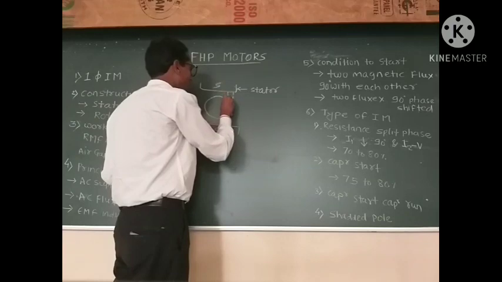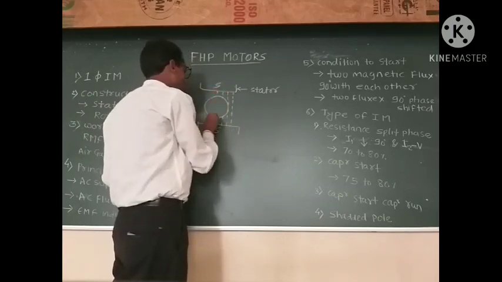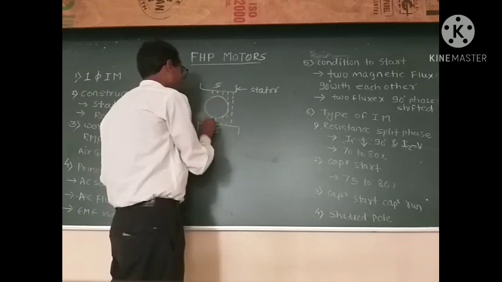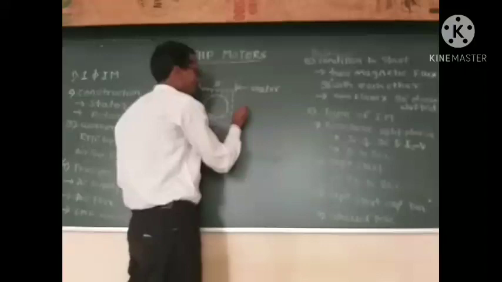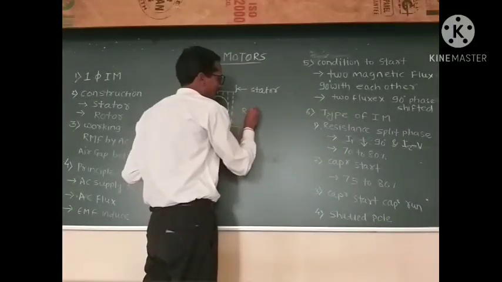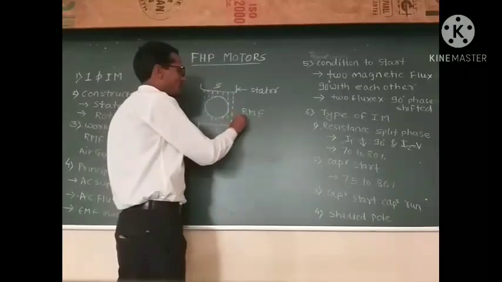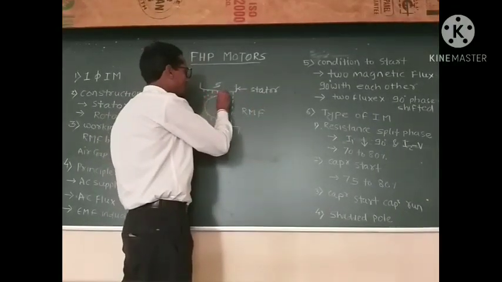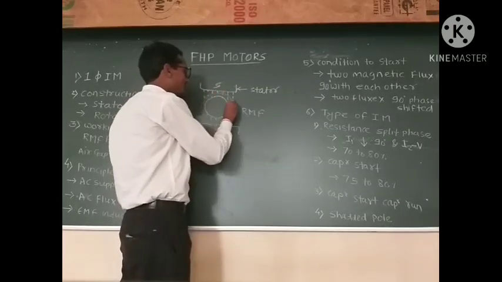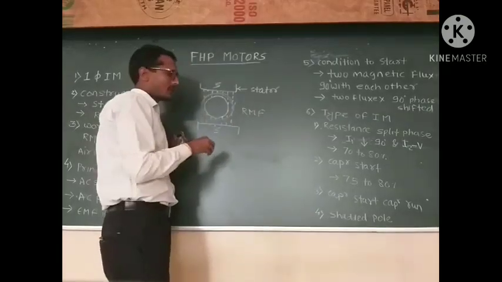The nature of the magnetic flux is alternating because the given supply is alternating. This magnetic flux produces the rotating magnetic field, that is RMF, because the nature of the flux is alternating. This rotating magnetic field RMF is continuously rotating around the stator.